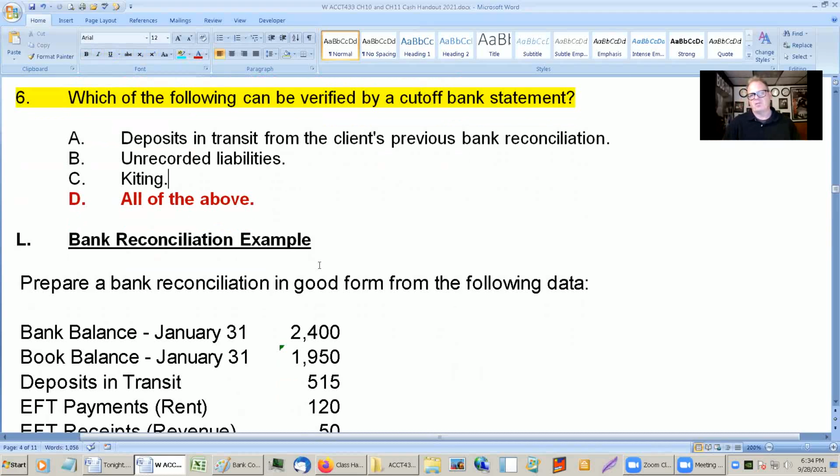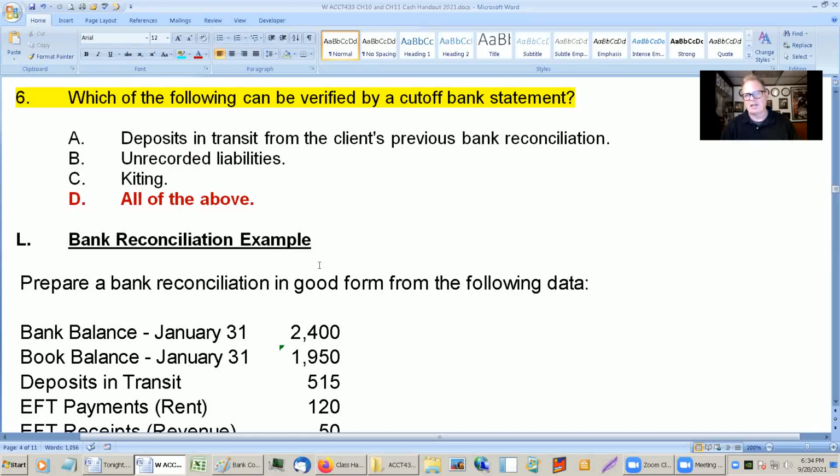If they made a deposit at 12/31, it should probably be in the bank by the 1st or 2nd of January. Unrecorded liabilities. If you find things that are paid in the first couple weeks of January, those probably should have been liabilities at the year end, right?